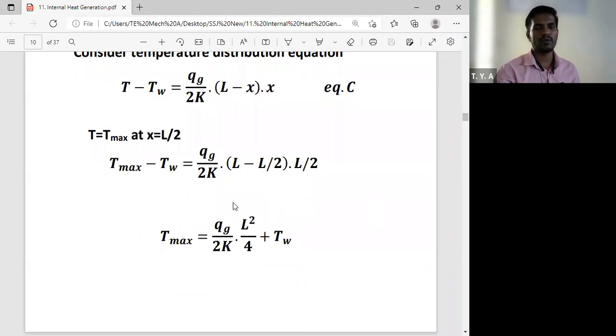So this is the equation for the maximum temperature for the plane wall with uniform heat generation.